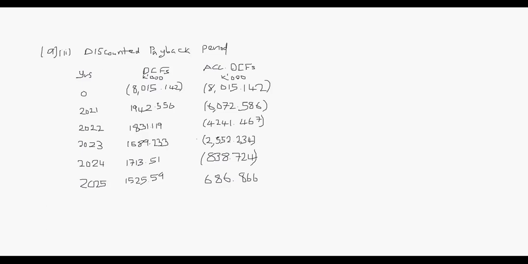So the question is, we are finding the discounted payback period. So the discounted payback period is equal to A plus, like we say, B over C.